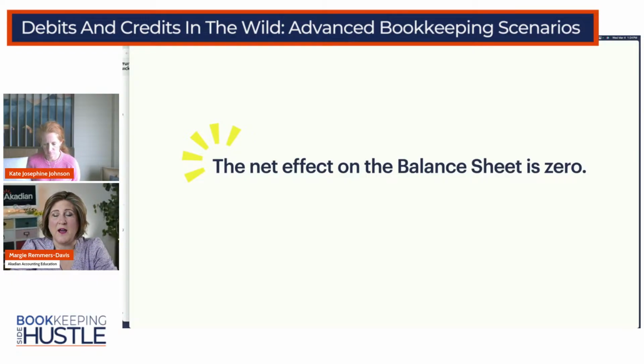And by the way, we're not going to go through this like we did with accounts payable, but I did provide an exercise where you can see all of these different steps, only with accounts receivable. Accounts receivable has a little bit of an extra hiccup though, which we'll talk about in a second. Kate will drop it, since we're not going through it now, on the bookkeeping side hustle.